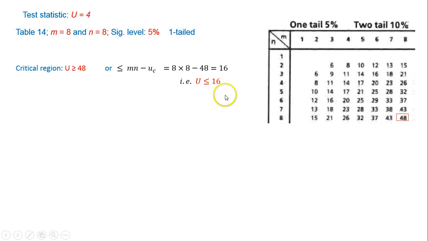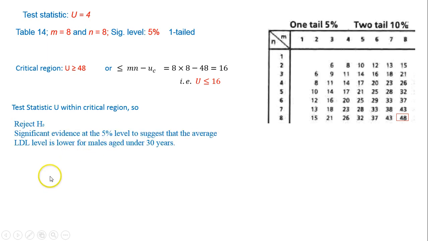So U less than or equal to 16 or greater than or equal to 48. The test statistic U is within the critical region, so we reject H0. There is significance at the 5% level to suggest the average LDL level is lower for males aged under 30.